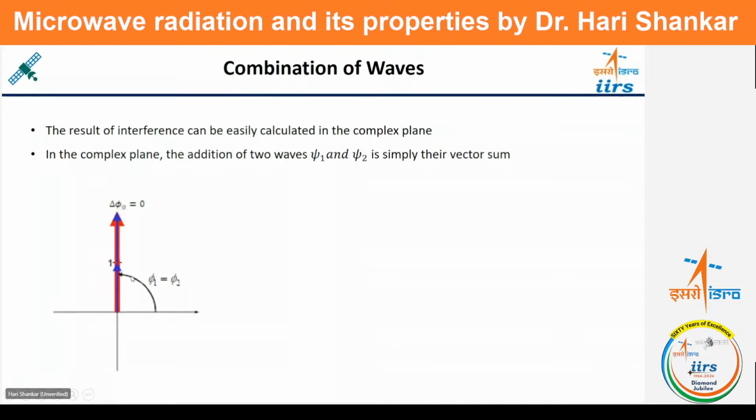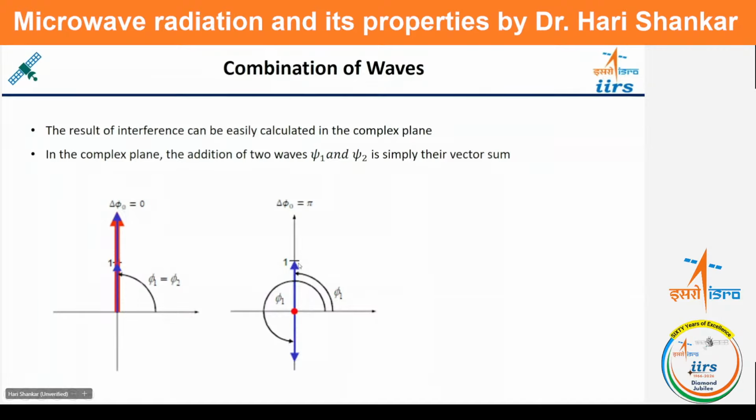So the phase difference phi 1 equal to phi 2 means phi 1 minus phi 2 is 0. If it is 0, the combined or resultant strength will be high. The red color shows the combined strength, which is maximum. Here you can see the first signal is on this side, another signal on this side.